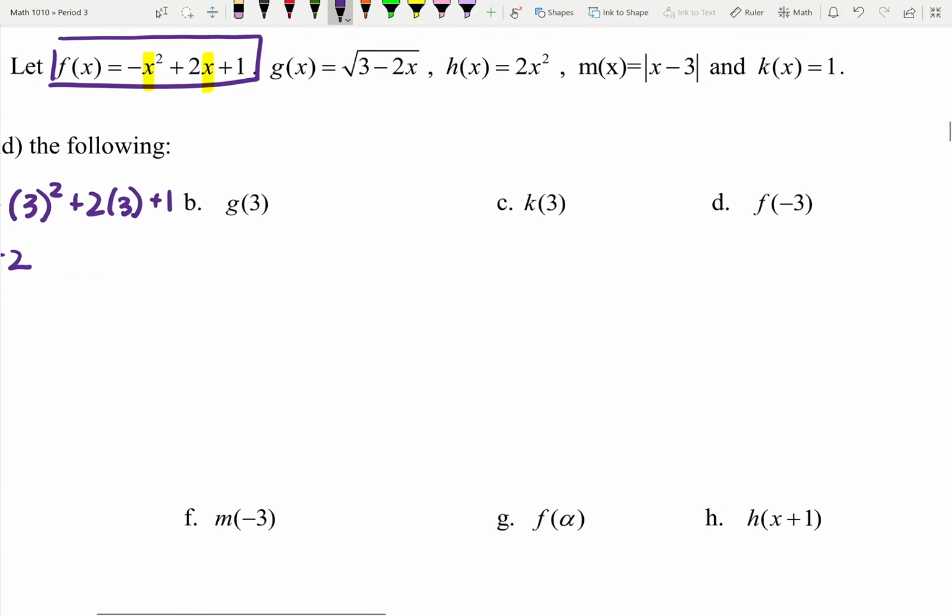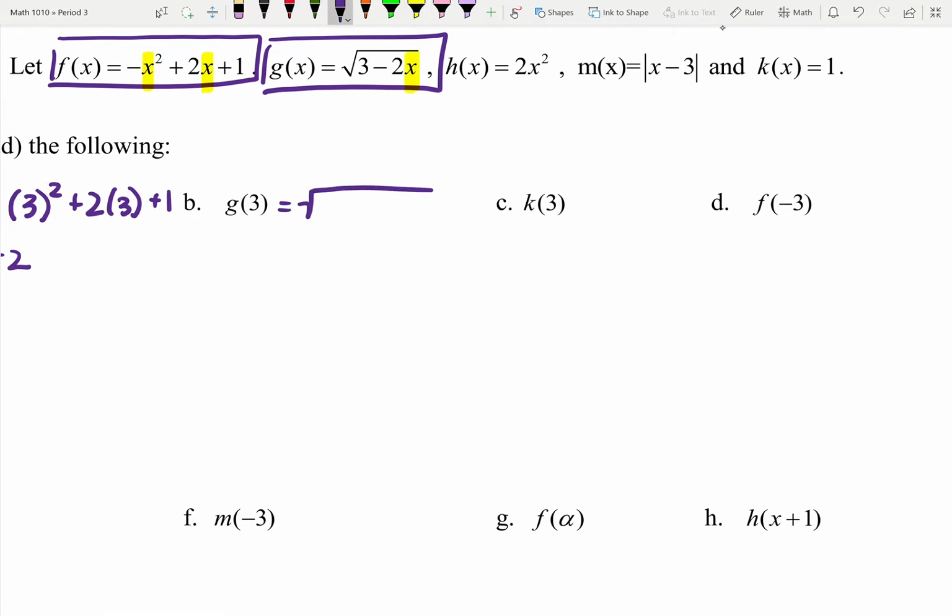Okay? Next one, find g of 3. Everybody go right here. And right where you see that x, put in a 3. So everybody go the square root of 3 minus 2 times 3, like that. Who has a calculator? Raise your hand if you're doing this with me. Do a big raise hand. Okay, about a third of you. Okay, here's how you do this, guys.